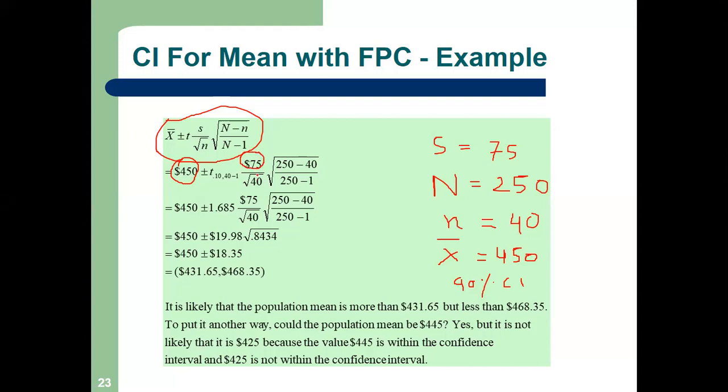Small n is 40. Capital N is 250. So we know everything in this formula. Only one thing we don't know: the T value. So all of you open your T value.